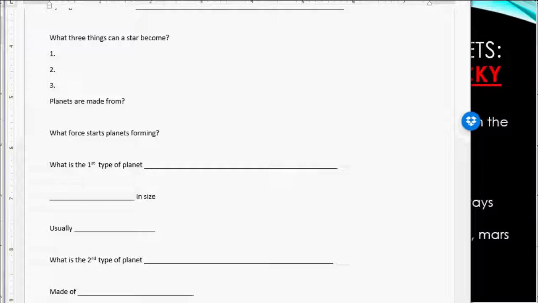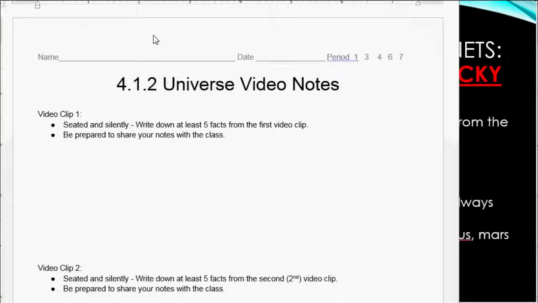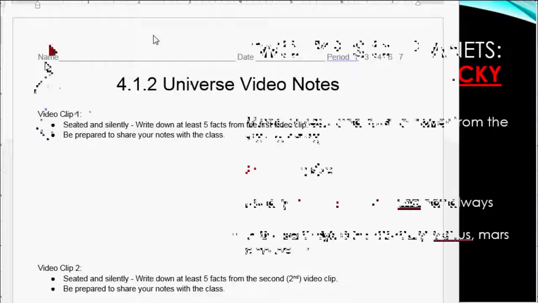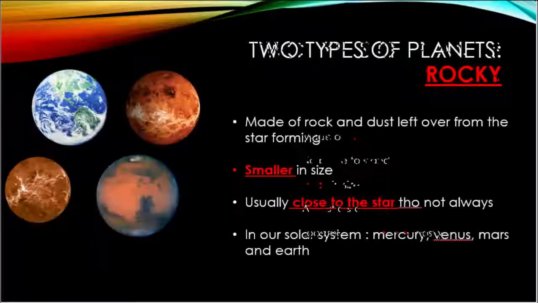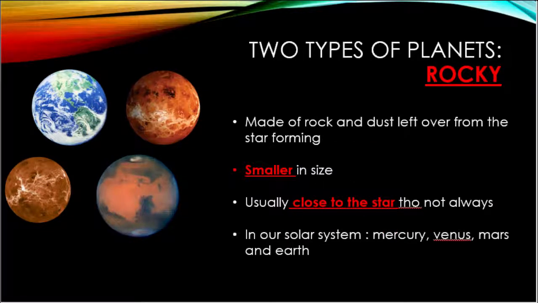Alright. So what is the first type of planet? Let's get into that. First type of planet, of course, is rocky. They tend to be smaller in size, and they're usually closer to the star, though that's not always the case.